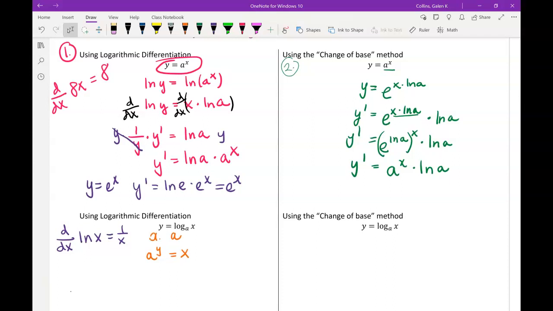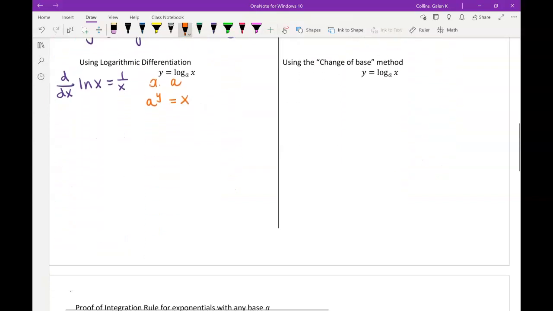The derivative of a to the power of x was the natural log of a times a to the x. But since it's a y and not an x, I'm going to pick up a y prime. So I get the natural log of a times a to the y times y prime, again, because I'm taking the derivative of y with respect to x, and that's just the chain rule.